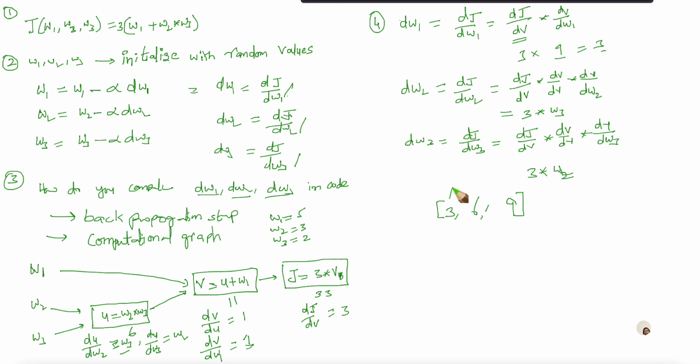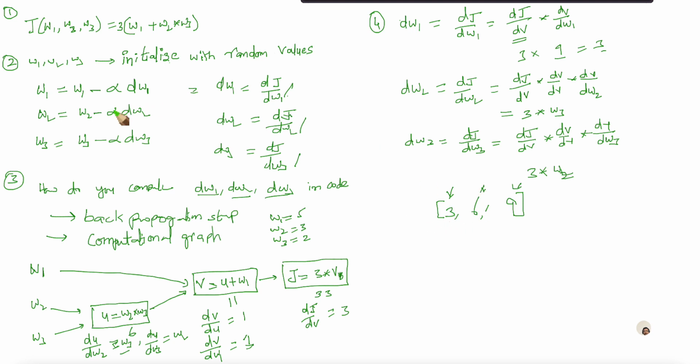So we completed dw1, dw2 and dw3 here. This is the usefulness of backpropagation: we can apply the chain rule to compute these gradients.